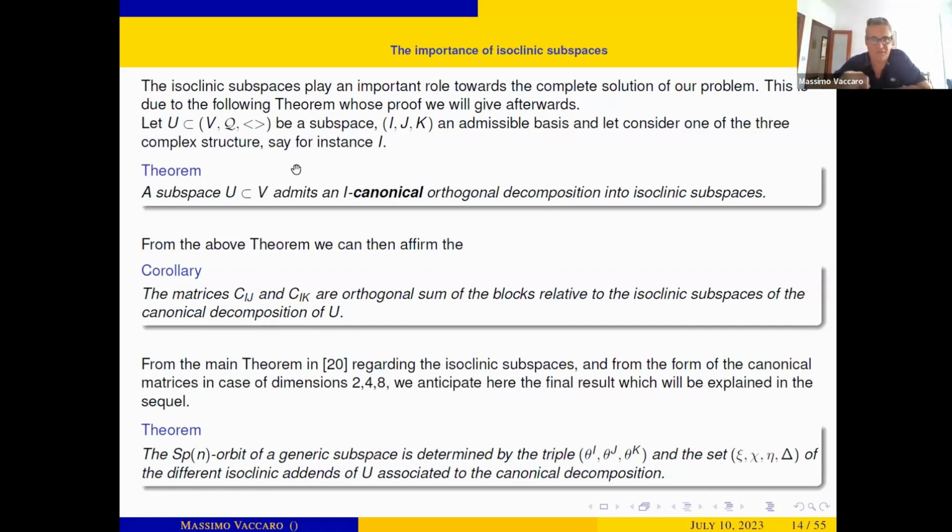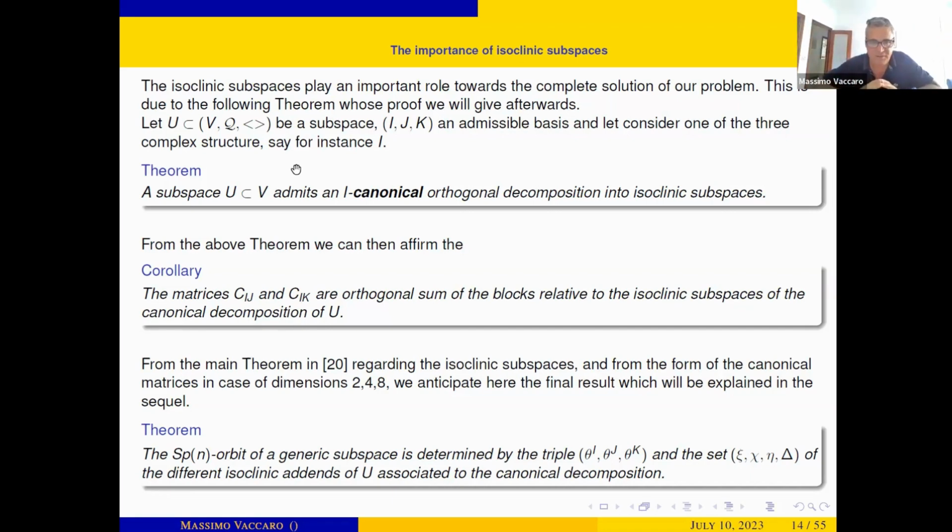So when we show that any subspace admits an I-canonical orthogonal decomposition into isoclinic subspaces, we can state the theorem that these matrices that we are looking to associate to a subspace U, the matrices C_ij and C_ik, are orthogonal sums of diagonal blocks, relative to the isoclinic subspaces of the canonical decomposition of U. So these matrices we look for are just diagonal blocks, and every block is canonical. So the story is finished.